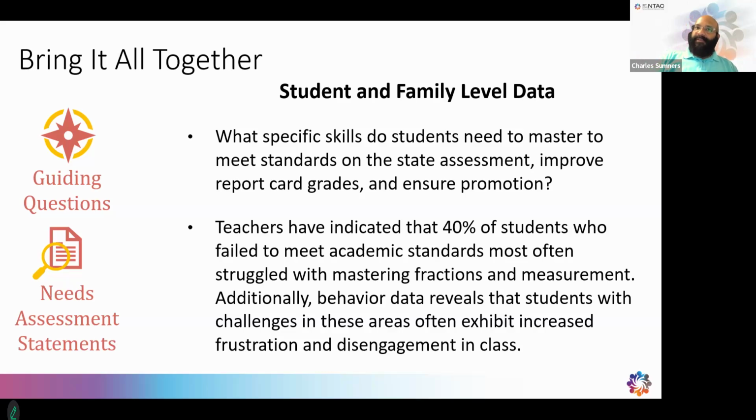Additionally, behavior data reveals that students with challenges in these areas often exhibit increased frustration and disengagement in class. So a lot of really valuable information. And the question is, how do we use it to inform what we're going to be doing in our program, right? How do we use it to inform the goals that we have for our program?